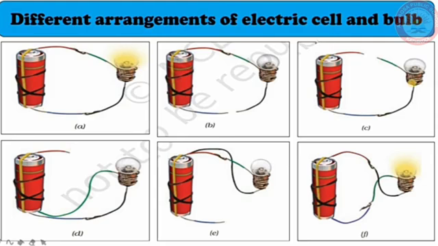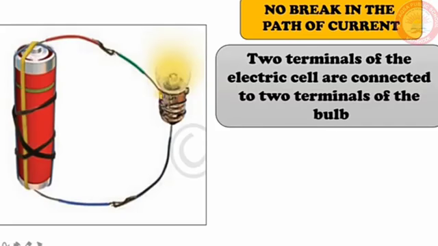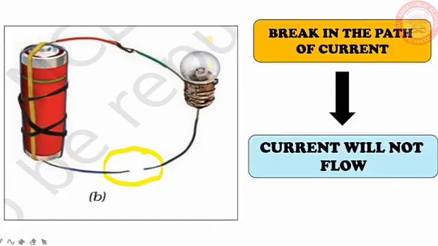Now carefully look at the arrangements in which the bulb glows. Let us take the first one. There is no break in the path of current, so the bulb will glow. What about the second picture?